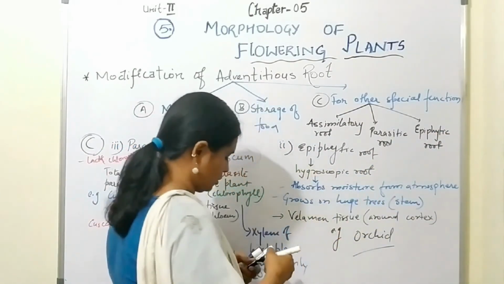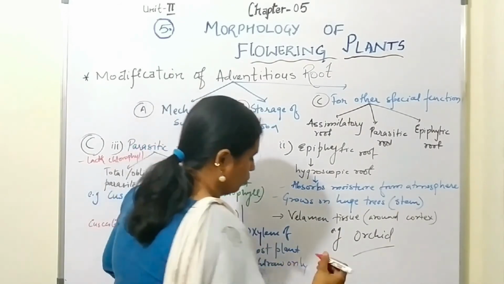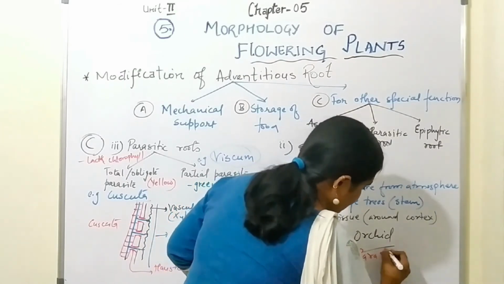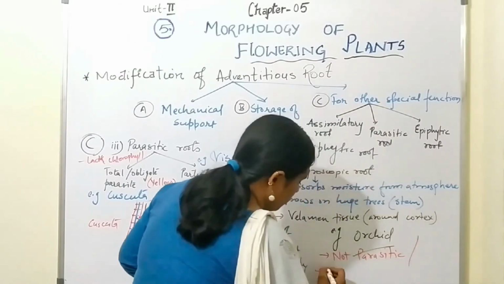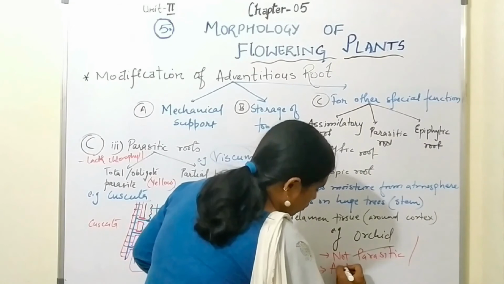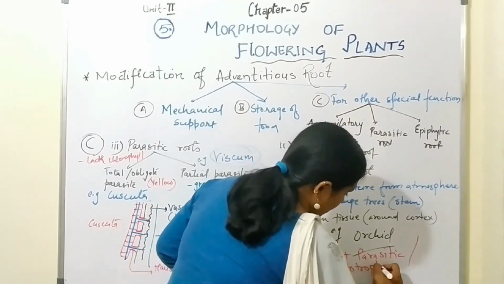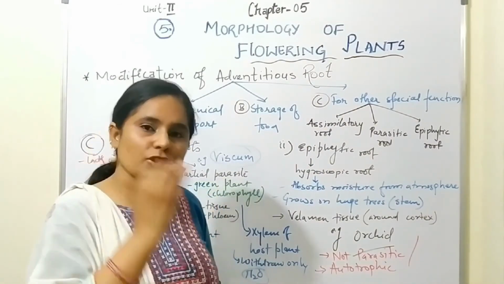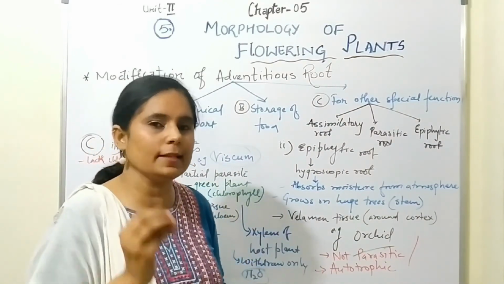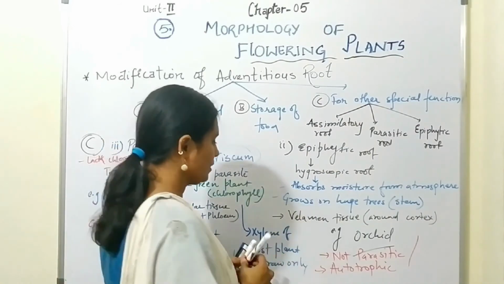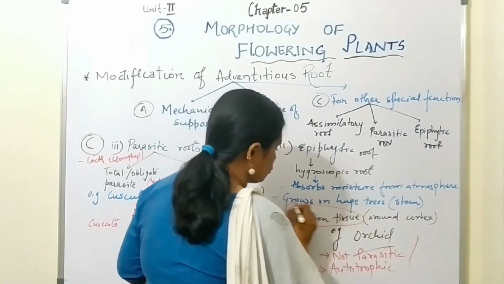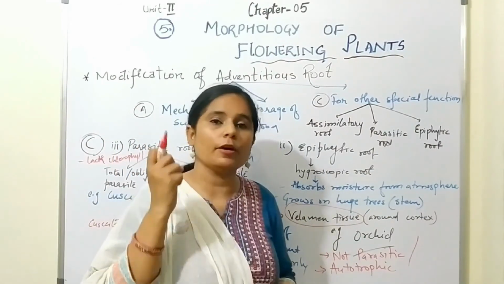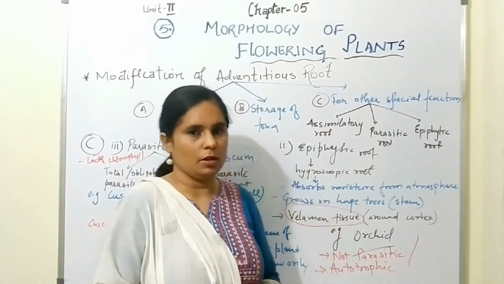Just remember, this is a very important line I am telling you: not parasitic, they are autotrophic plants. They just need the shelter on huge trees for getting the sunlight. A very special tissue is the velamen tissue, which is present around the cortex, which helps in absorbing the moisture from the atmosphere.